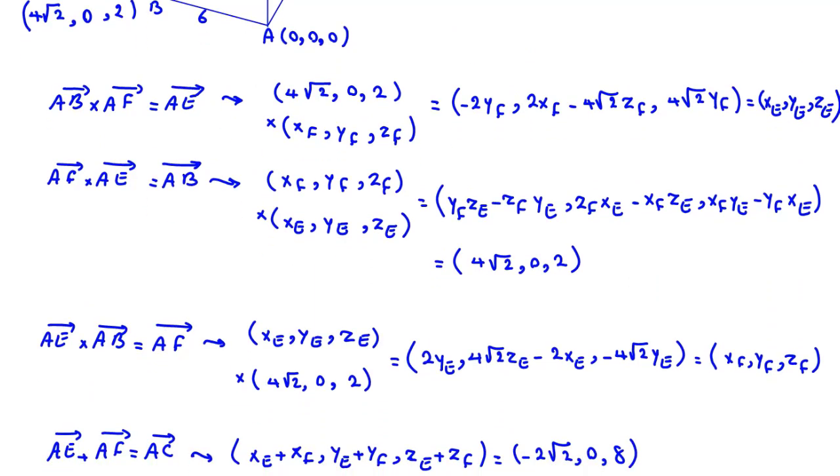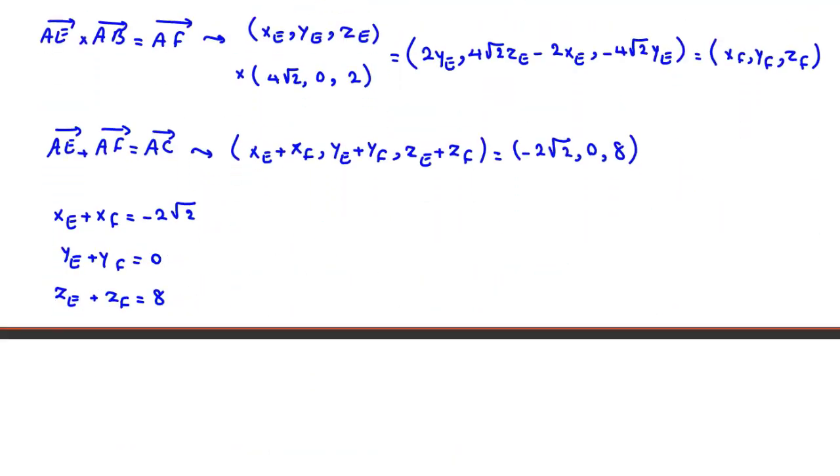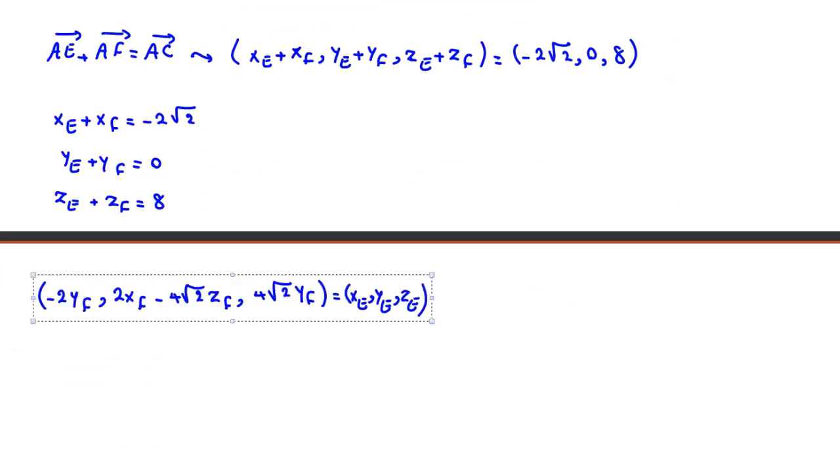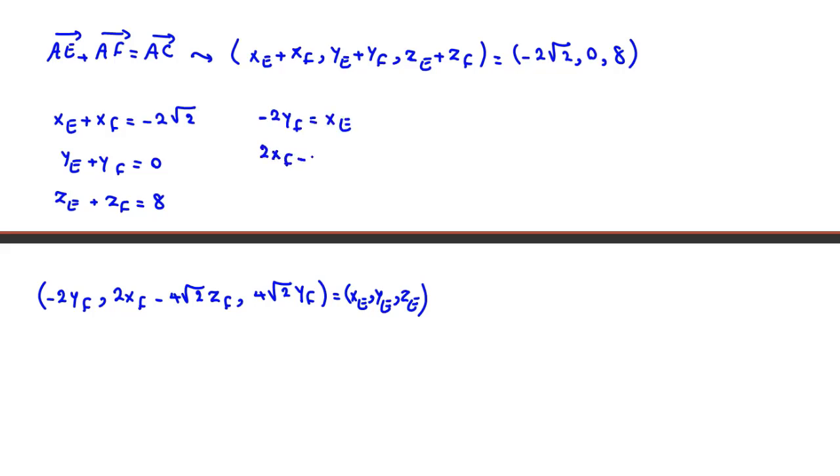Then, if you consider these equations, let's copy the first one, and we can write new equations. We can say negative 2YF equal to XE, 2XF minus 4√2 ZF equal to YE, 4√2 YF equal to ZE from the first part.